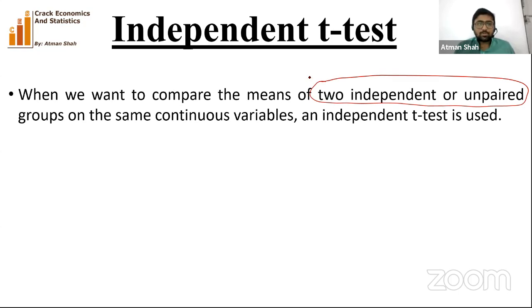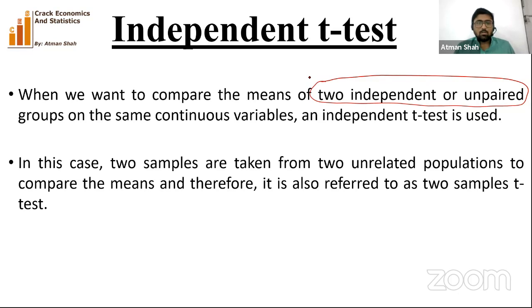Then we use the independent samples t-test to compare the means. Here two samples are taken from two unrelated populations and then we compare the means between these two groups. It is also referred to as the two samples t-test because the two samples are not related with each other. They are independent of each other.